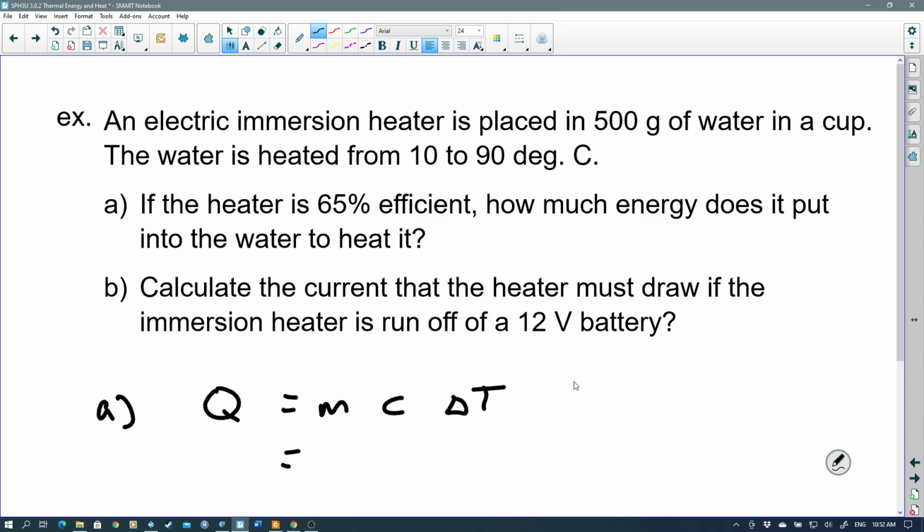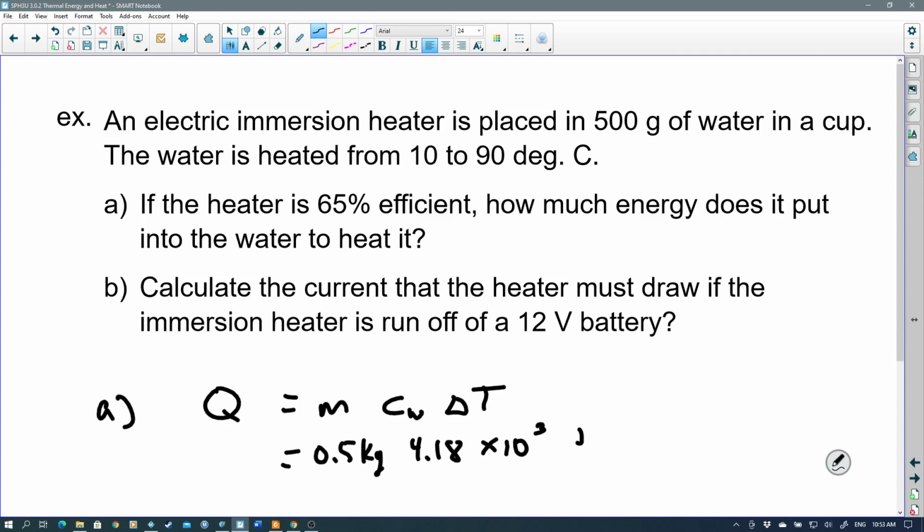So in this case, we have 500 grams of water. Instead of listing the numbers here that I usually do, I'm just going to do it right in the formula. Now, we have to convert grams to kilograms, so that's 0.5 kilograms. The C of water is again the 4.18 times 10 to the power of 3, I believe it was. Yes.